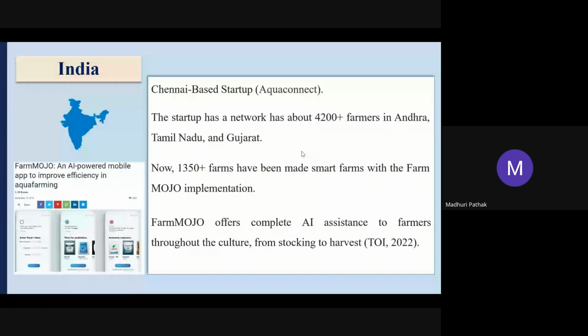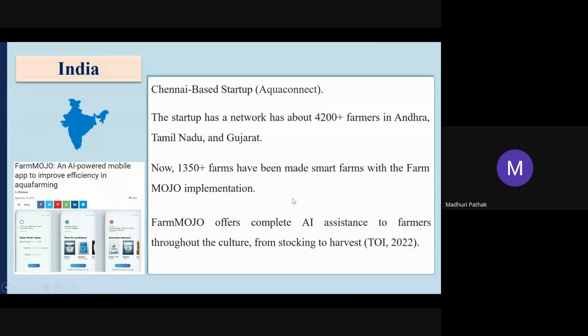In the case of India, there is one Chennai-based startup, Aquaconnect. The startup has a network of more than 4,000 farmers in Andhra, Tamil Nadu, and Gujarat. They have an interface to enter the pond data with the Farm Mojo app, an AI-powered app to improve the efficiency of aqua farming.